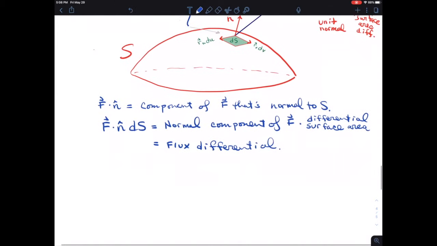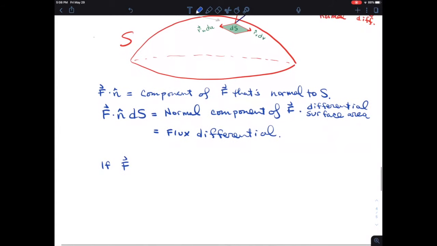Okay, so if F is a velocity field of some fluid, so let's put this down. And it doesn't usually, by the way, but this sort of gives us a feeling of what we're computing when we put it in the context of a fluid flow. So it's rarely a fluid; it's usually a field.